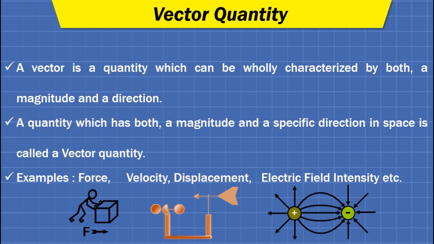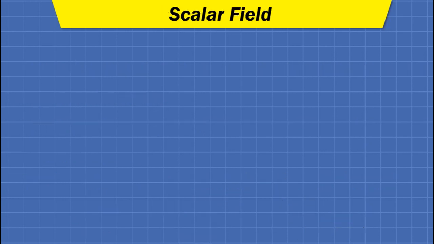So force is a quantity which can only be characterized by its magnitude as well as the direction. Same way, velocity and displacement are also quantities in which we need the direction as well as the value of that particular quantity, fine.